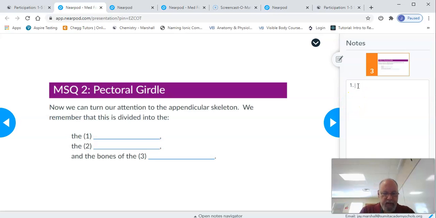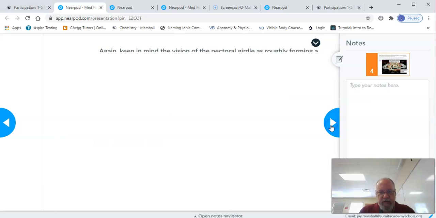And we remember it's divided into the pectoral girdle, which we're starting to talk about now, the pelvic girdle, and the bones of the limbs. Okay, so this is how we divide the appendicular skeleton up, the skeleton that hangs off of the axis. And we have two circles of bone, the pectoral girdle, the pelvic girdle, and the limbs hang off of those.